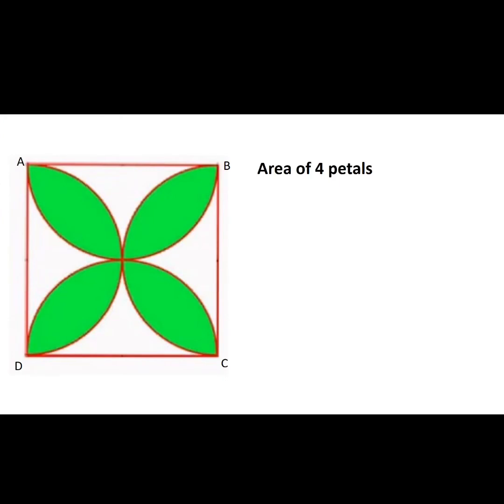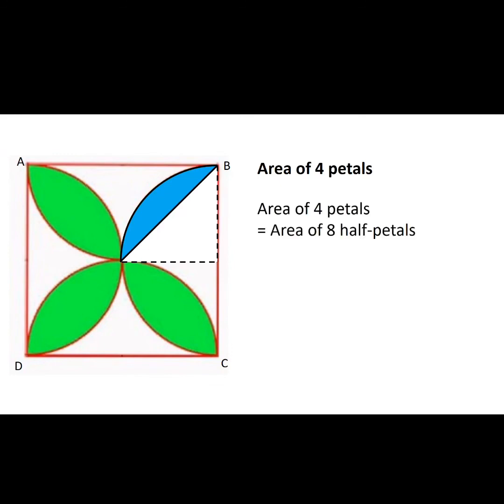Now the example shown over here is a figure that is made up of 4 petals. So to find the area of the shaded parts is the same as finding the area of the 4 petals. What you can do is cut each petal into half petals. So the area of the 4 petals is the same as the area of 8 half petals.